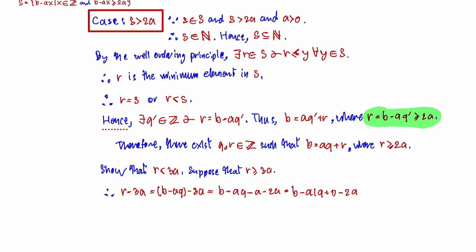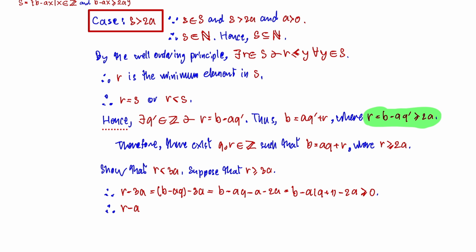And we know that R is greater than or equal to 3A, so R minus 3A must be greater than or equal to 0. Okay, so what is R minus A? I want to start with R minus A, because I think it's going to be greater than or equal to 2A.